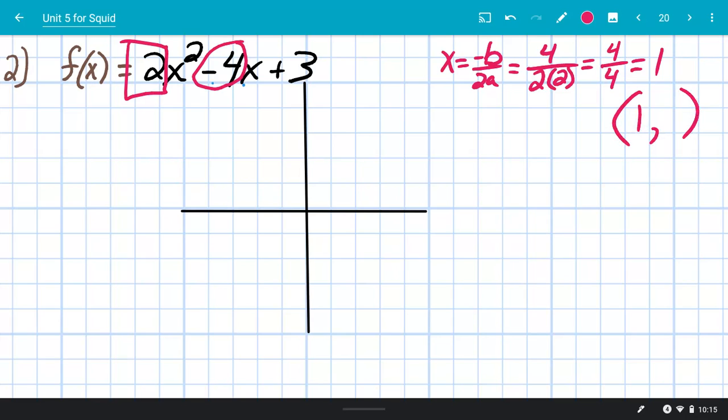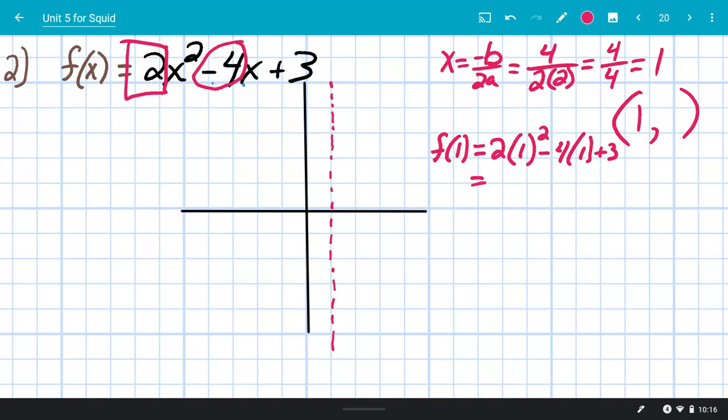My axis of symmetry is right there at 1. Cool. Now what? Plug it in. I've now got to find f of 1. I'm plugging that in for the x. Okay. So 2 times 1 squared minus 4 times 1 plus 3.